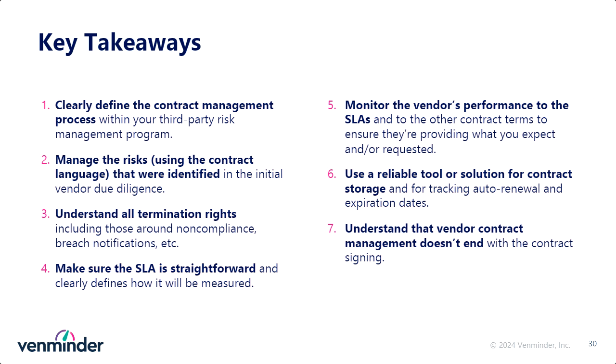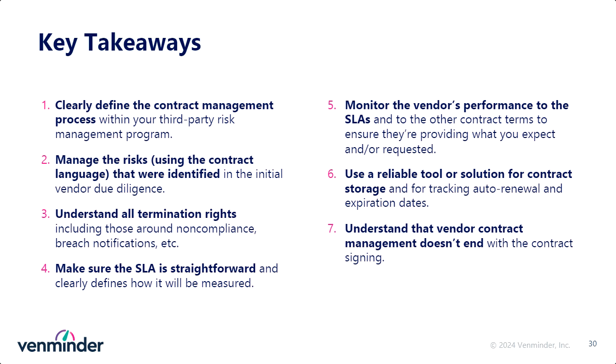So inside your governance documents, your policy, program, and procedures document, be sure that you are clear on how contract management works within your organization. Be sure that you manage the risks that you identified in that initial vendor due diligence in the contract. So you've identified some risks. You want to make sure you cover those risks when you are writing the contract with the vendor.